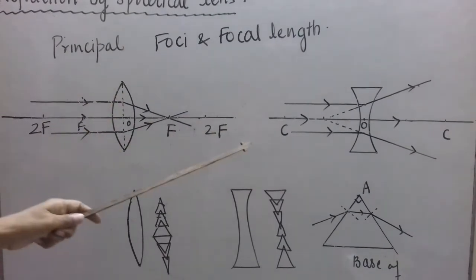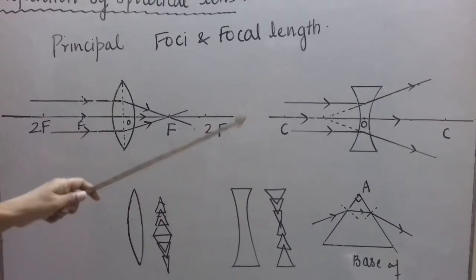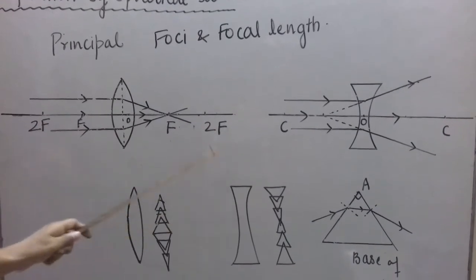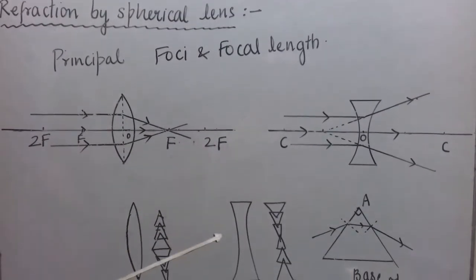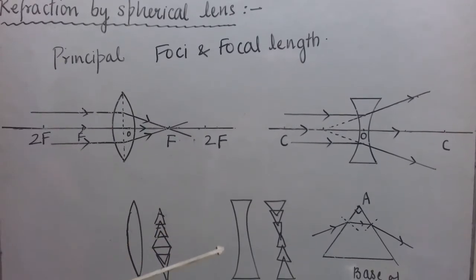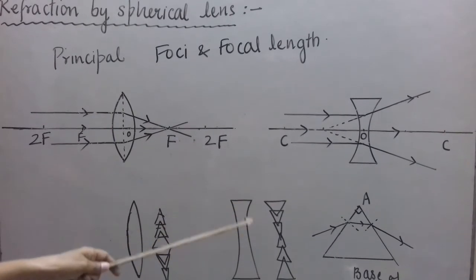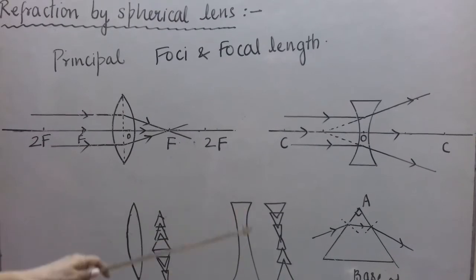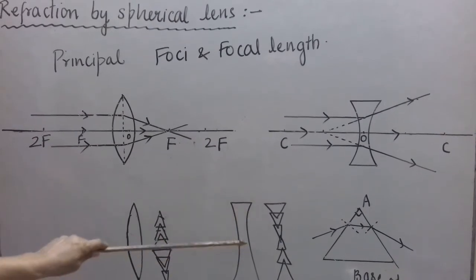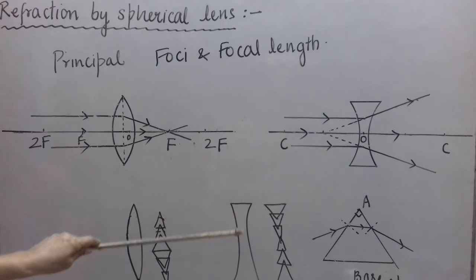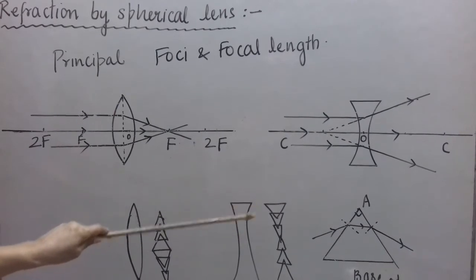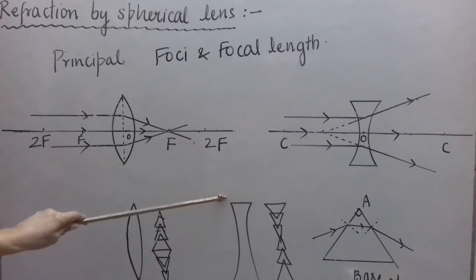If we see that ray diagram, concave lens, in a similar manner a concave lens can also be considered to be a combination of prisms placed in this manner. Here, prisms lying above the principal axis have their base away from the principal axis.